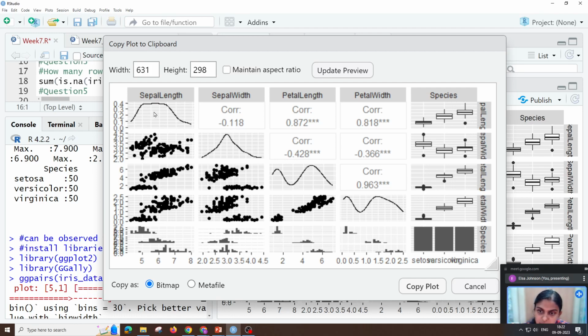Here you can see that the diagonals will give you the distribution. Since all the diagonals are numeric variables and continuous, you are getting a graph like this. And the final one, the species, is a category, that's why you are getting a bar plot like that. From the shapes you can see that these two are very much normally distributed.